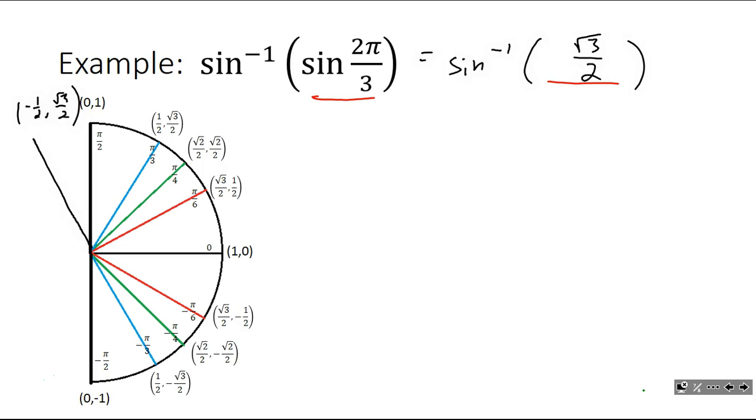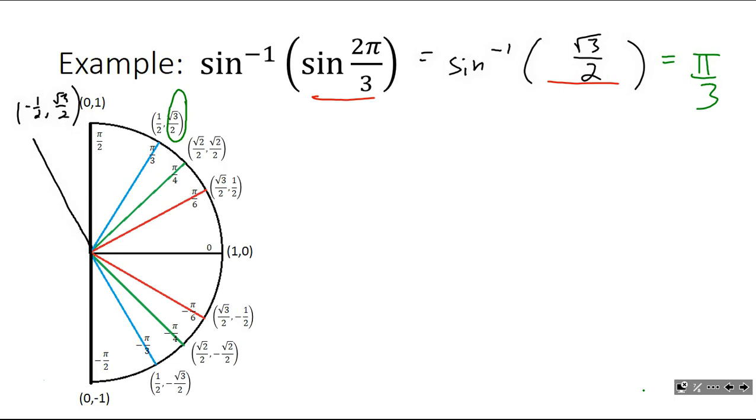But now, for the inverse sine, that's where we truly have to stay within quadrant 1 and 4. So let's look for a y value equal to square root of 3 over 2. The only place we find that is here in quadrant 1. I've circled it. And what is that angle? That is pi over 3. So this is pi over 3.